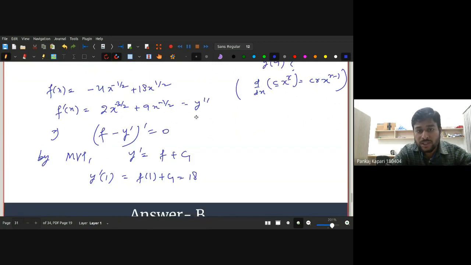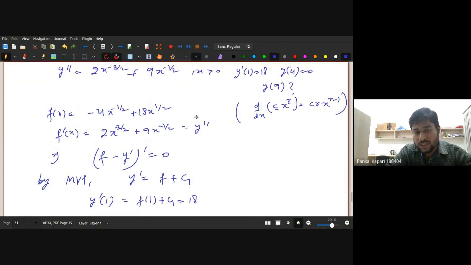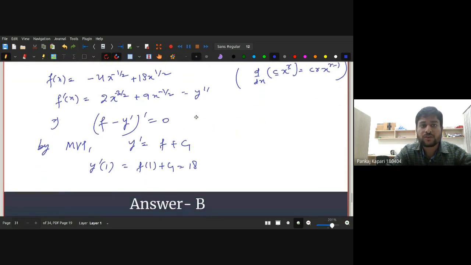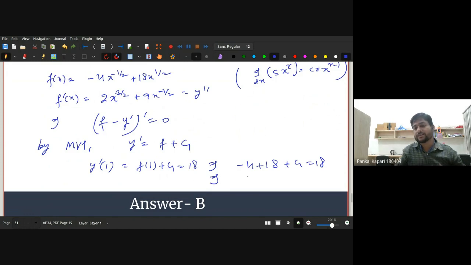From this we will find the constant c1. If you put 1 in this function, you get minus 4 plus 18 plus c1 equal to 18, and this implies that c1 must be 4.